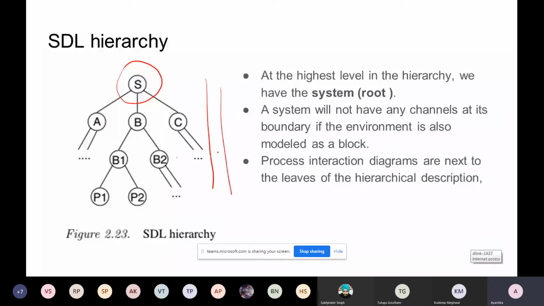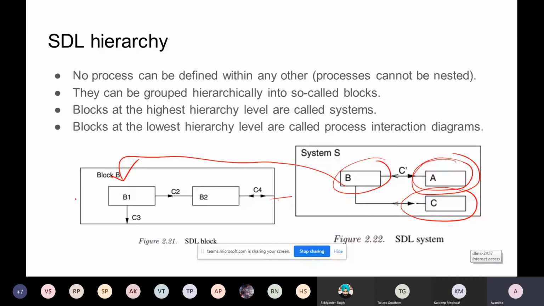The important part is that at the base level, these components will actually define the processes and their intermediate communications. That means at the lower level, they are defining how you are interacting between the processes inside those components.